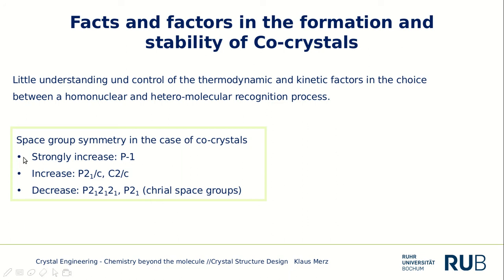We see a slight increase of P21/c and C2/c, and on the other side we observe a decrease of chiral space groups. It makes sense. Very often you will not see chirality if you have a co-crystal. Not always, but very often.